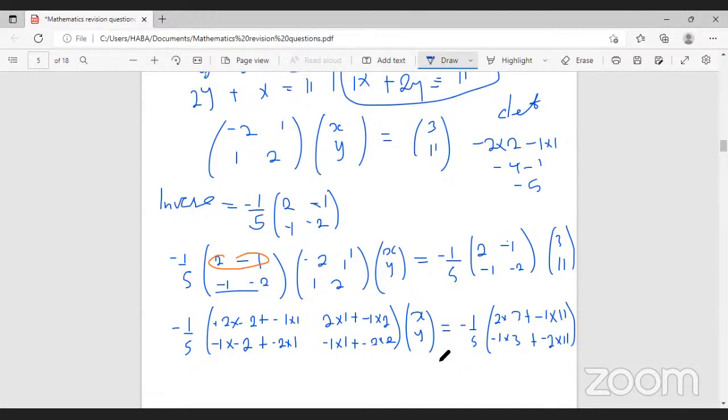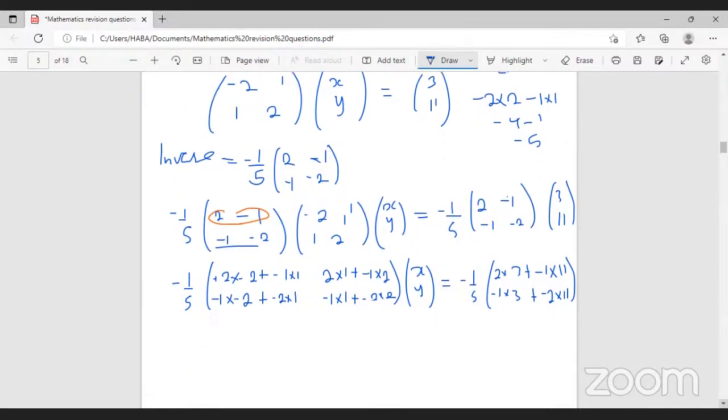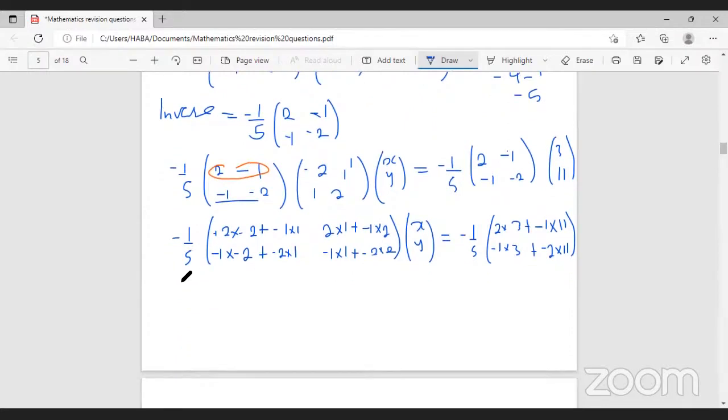So is it hard? I'm first waiting to see how you're going to deal with that 50. It will disappear, don't worry. So 2 times negative 2? Negative 4. Negative 1 times 1?